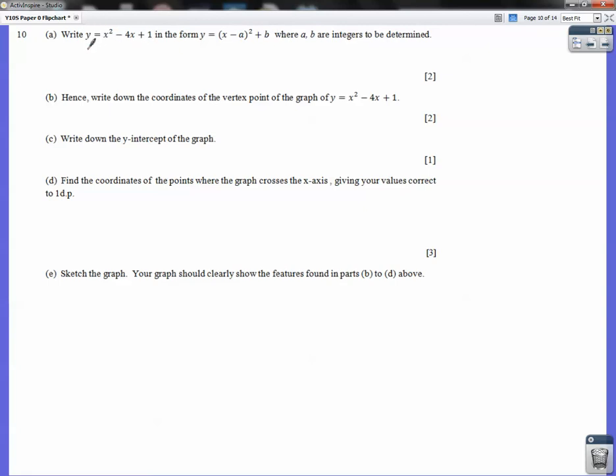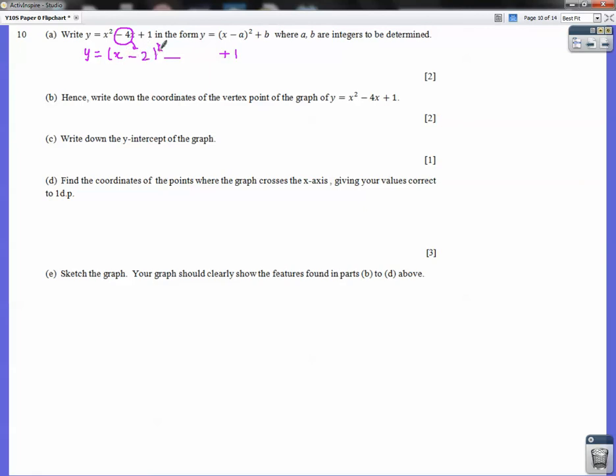So when I'm completing the square, I write y as something squared subtract a number, replacing x squared minus 4x with something squared subtract a number. Then I'm going to have a plus 1 at the end. So what goes in the bracket? Well, it's an equation in terms of x, so I write an x there. Then I divide the coefficient of x by 2 and write my answer here, so I get minus 2.